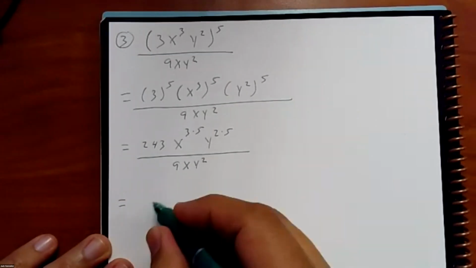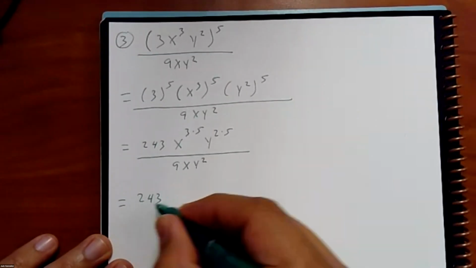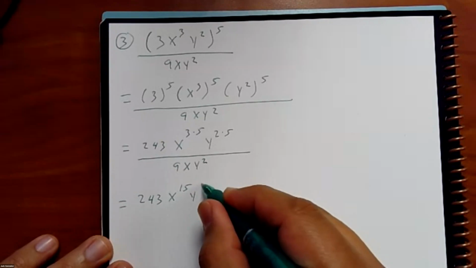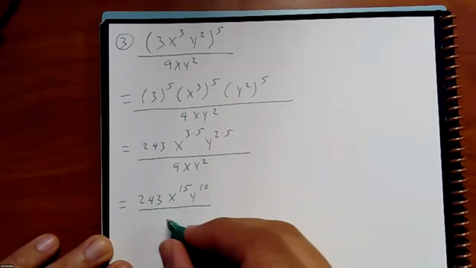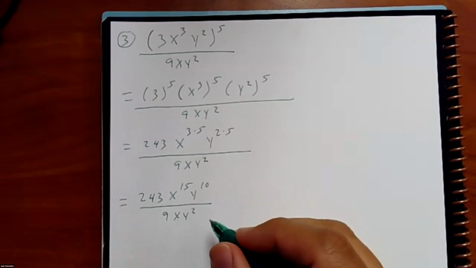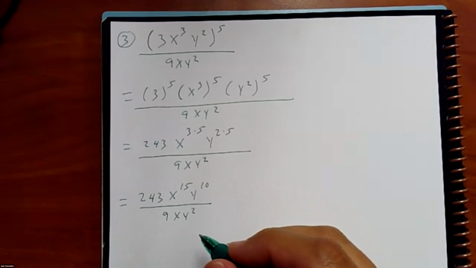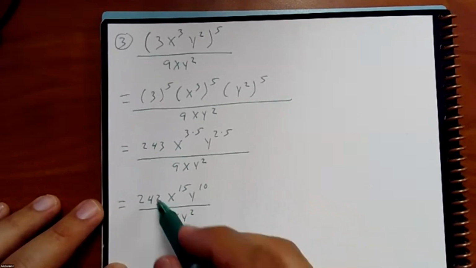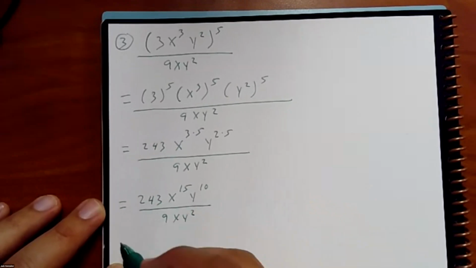So we get 243 x to the 15 y 10 over 9xy squared. Ouch. Okay. 243 divided by 9 is 27.